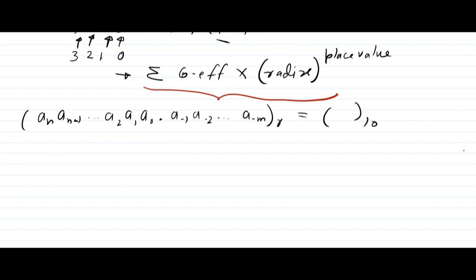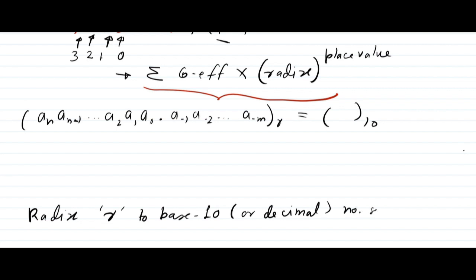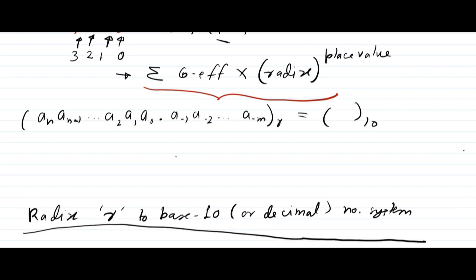You can consider this topic as radix R to base 10. Base 10 is nothing but the decimal number system, right? So you can say this topic is radix R to base 10, or decimal number system. So how to expand this?